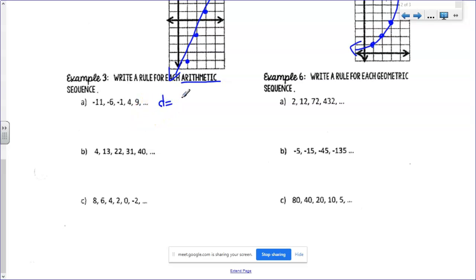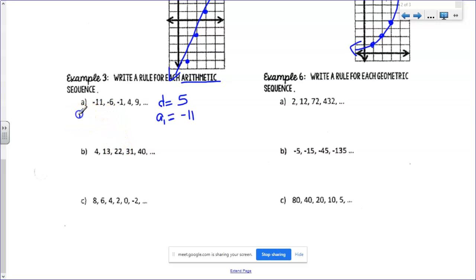What am I adding? 5. Does everybody see my difference is 5 there? Yes? Okay. What is my a sub 1? What is my first term? Negative 11 in the sequence.